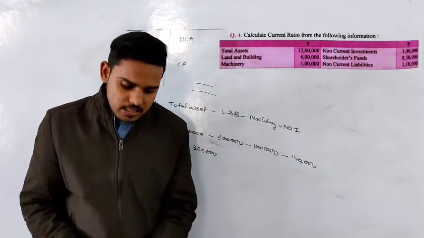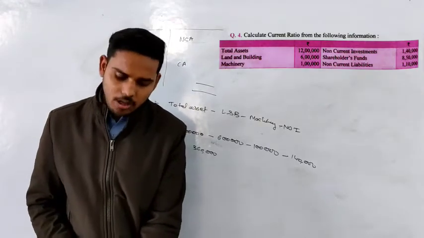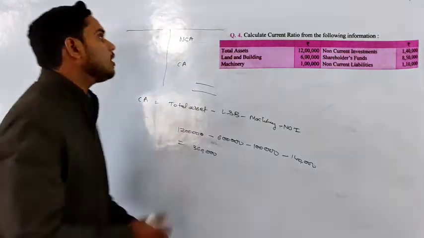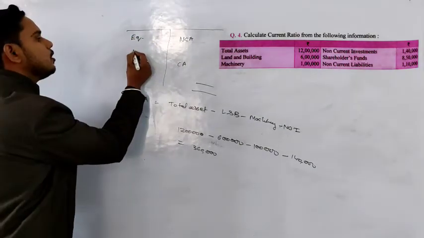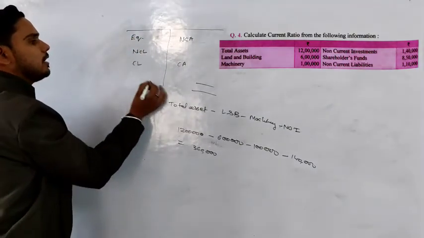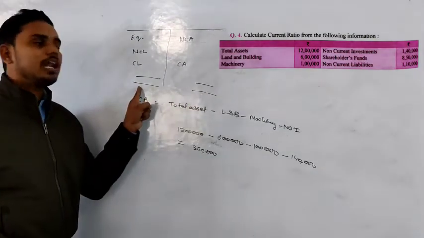How can we find it? See, shareholder fund is given. We have non-current liability also. There are three things: equity, which is shareholder fund, non-current liability, and current liability. Total asset will be equal to total liability.